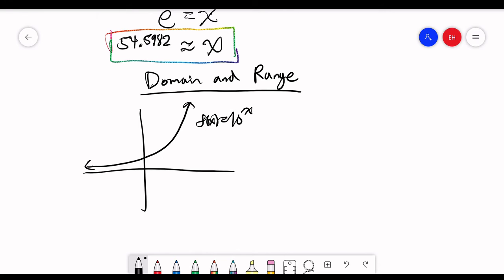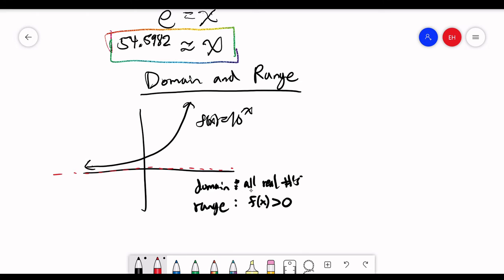Stop and think. Right, you can put any x into this, so the domain is all real numbers, just as you thought, right? And the range: you can't get 0 or any negative number out of this function, so the range is all function values f of x that are strictly bigger than 0.